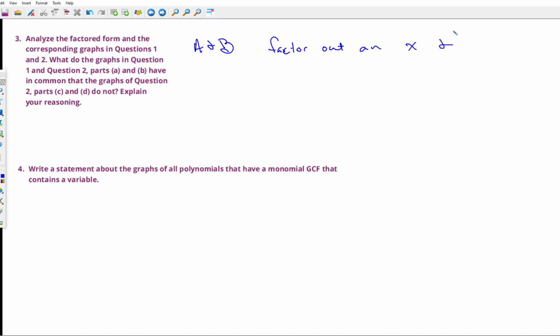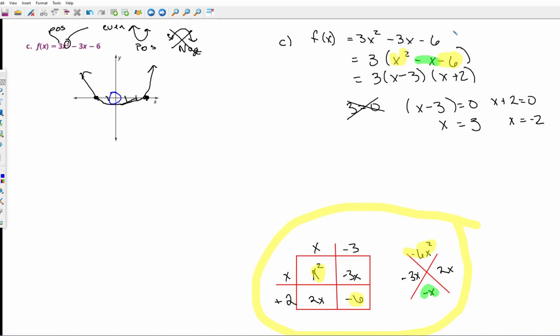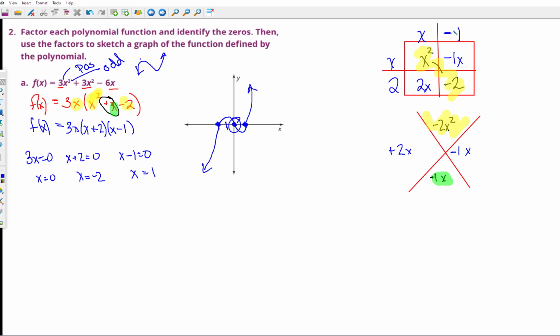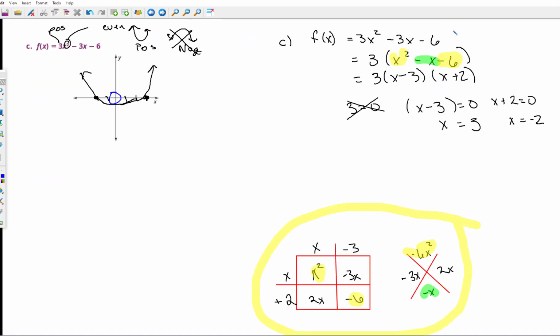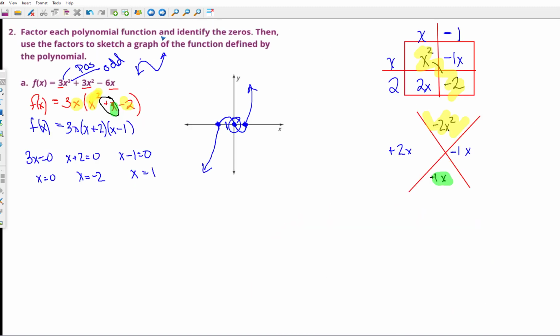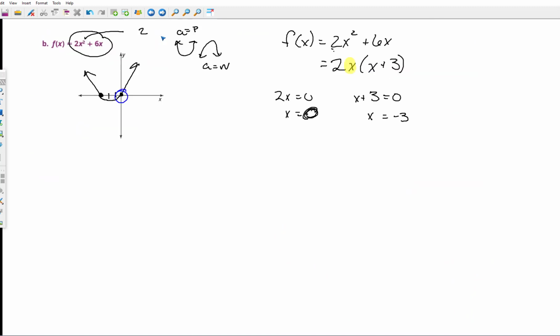And what was different about our graphs in each of those? Let's look. So what did A and B do that C and D did not on the graph?